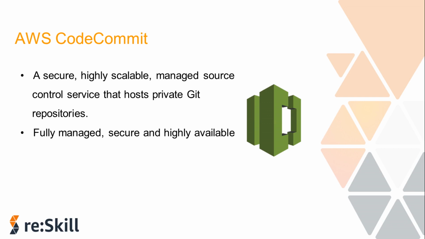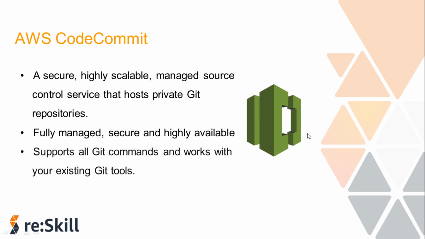Your encrypted data is redundantly stored across multiple facilities. This architecture increases the availability and durability of your repository data. It allows you to create up to 1000 repositories by default and additional repositories up to 25,000 by request. It also supports all the Git commands and works with your existing Git tools as well.